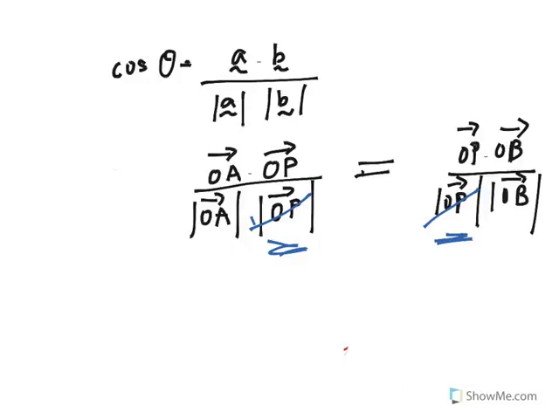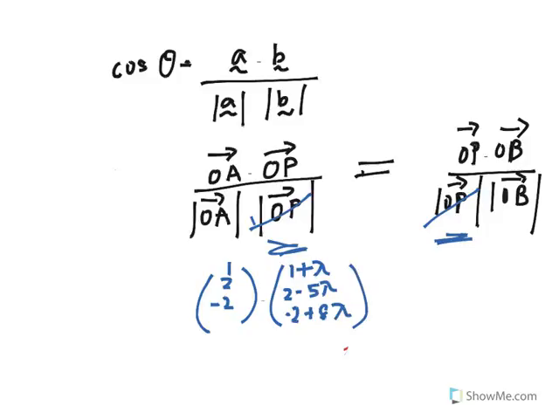Substituting what we know: OA is (1, 2, -2), and OP is (1 + lambda, 2 - 5 lambda, -2 + 8 lambda). The mod of OA is the square root of 1 squared plus 2 squared plus negative 2 squared.